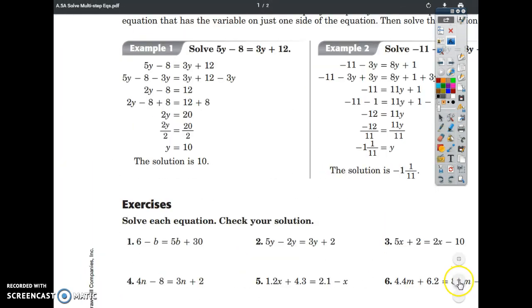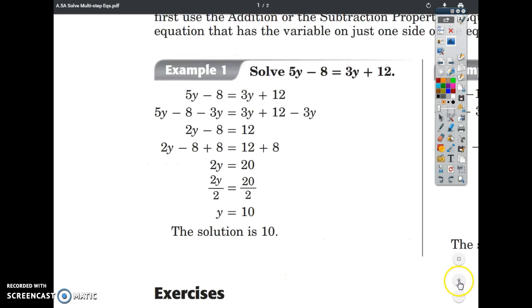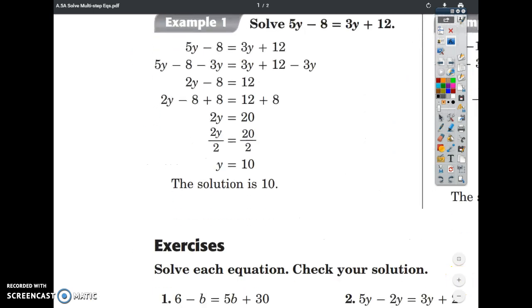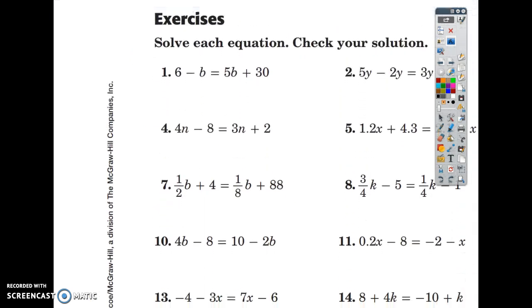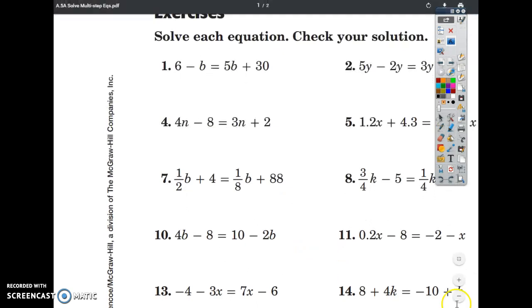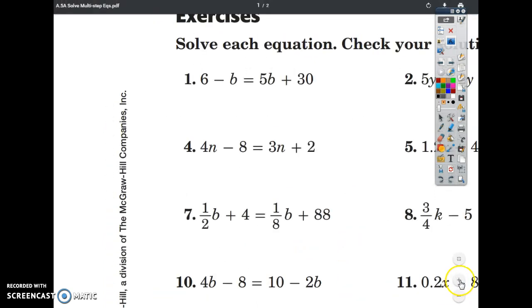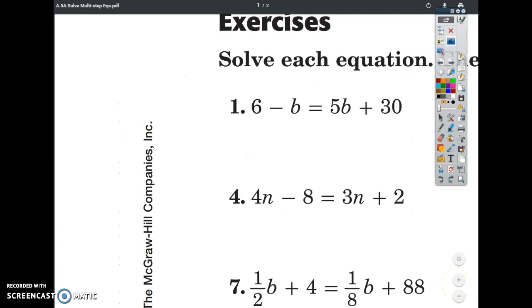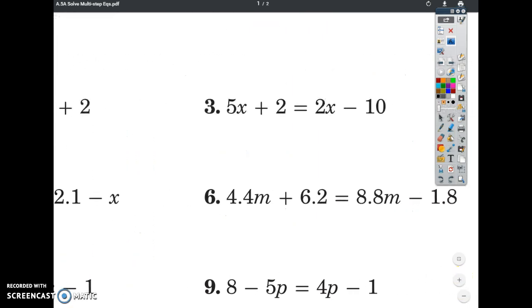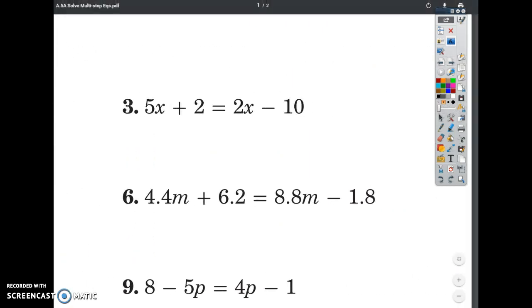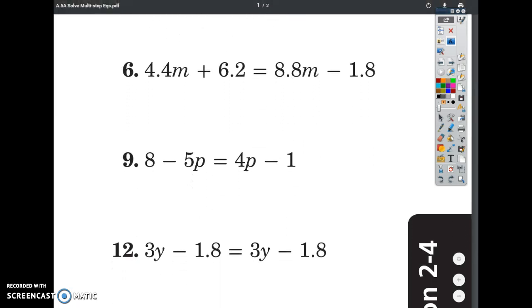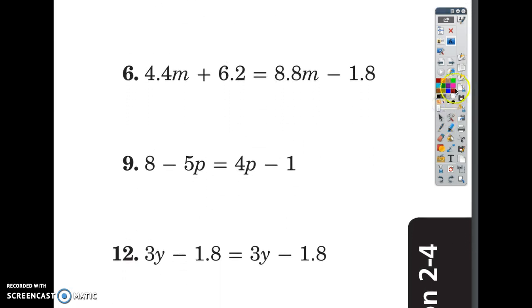And you're probably going to need extra paper to do some of these problems because there's not a lot of space on here. So problem number 6, we're going to draw the line first. And we're going to follow the steps.